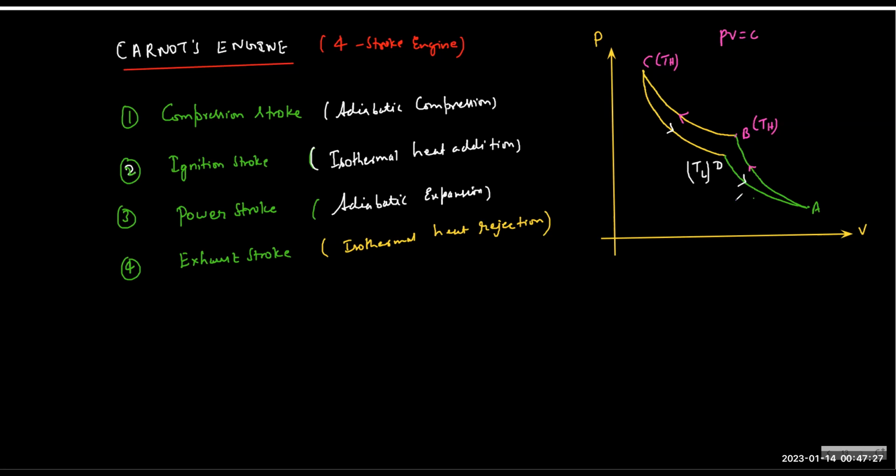And then from D to A, what will happen? Isothermal heat rejection. So this is also TL, no? Yes. So the graph is clear to all of you guys. Where we are adding the heat, if you remember, this is the heat addition, dQA, isn't it?